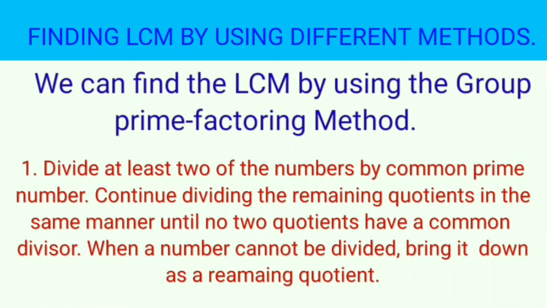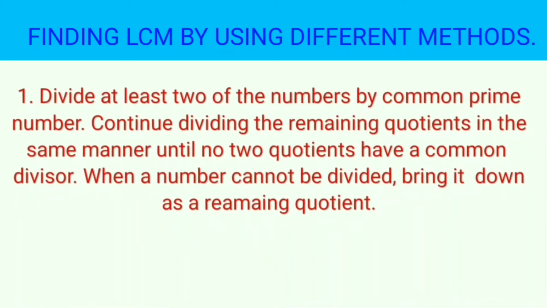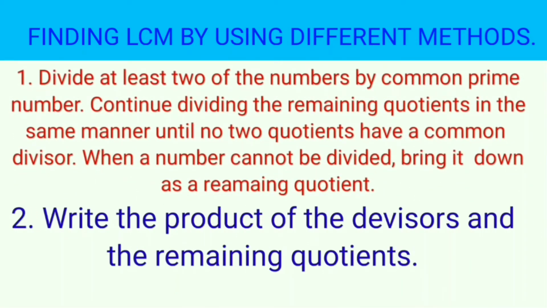When a number cannot be divided, bring it down as a remaining quotient. Write the product of the divisors and the remaining quotients. We will get LCM.